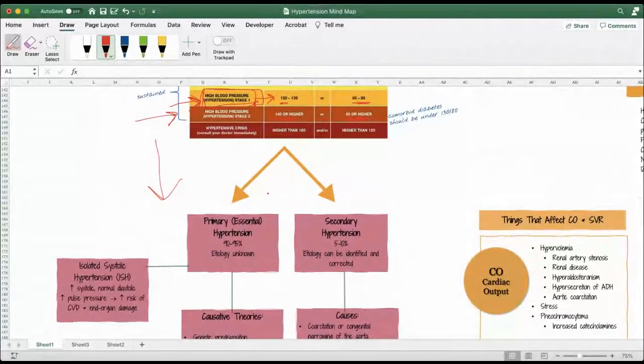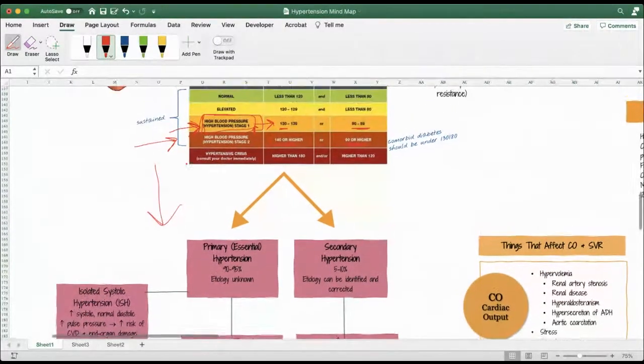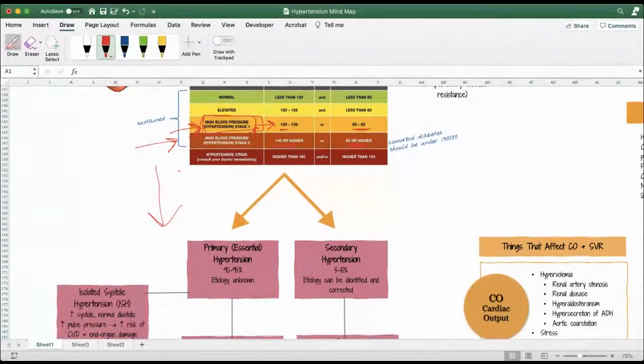I won't go through it with you, but how do you know if a person is in a hypertensive crisis? This is more, I don't care about sustained. If somebody comes into the ER and their blood pressure is 180 over 120, we're going to do something right away. So again, it's systolic higher than 180 or your diastolic higher than 120.